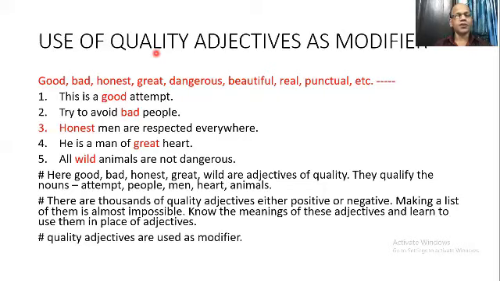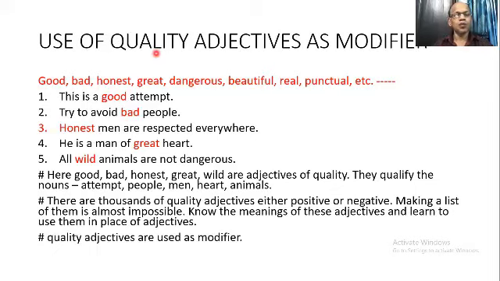Try to avoid bad people. Bad is an adjective, it qualifies the noun people. Honest man requires a respect everywhere. You see, honest is an adjective, it modifies the noun man. He is a man of great heart. Great is an adjective, it qualifies the noun heart.